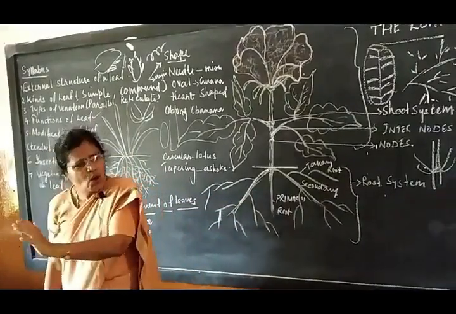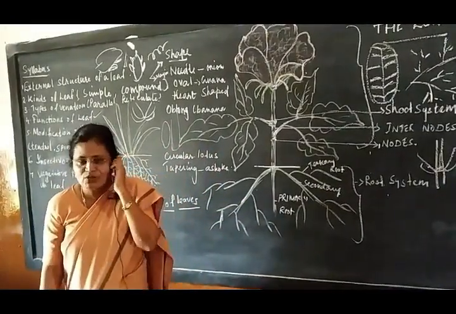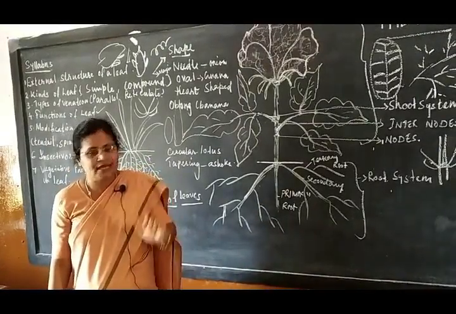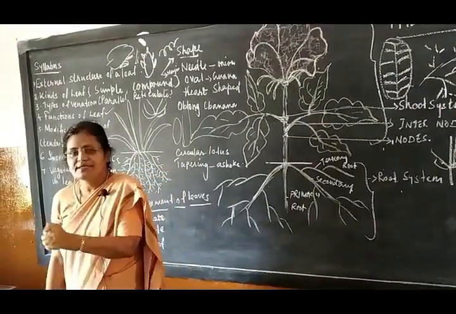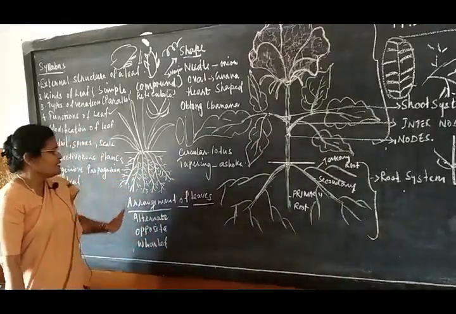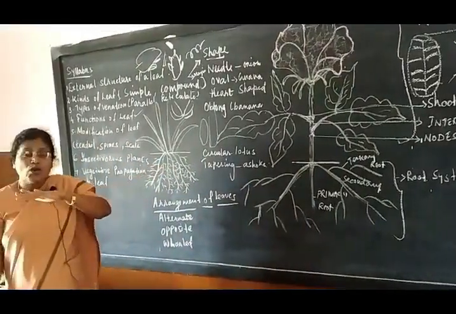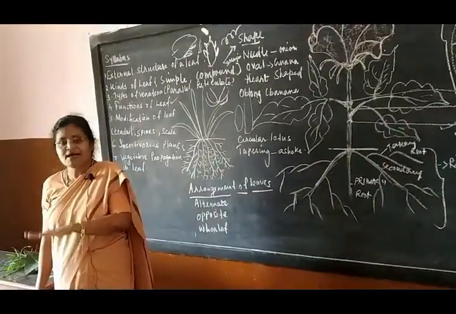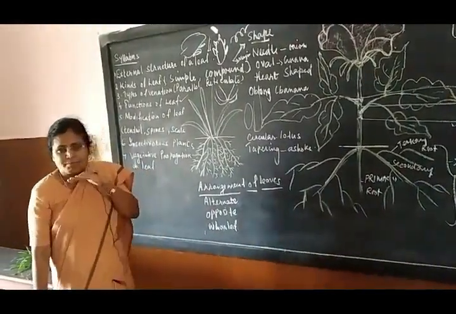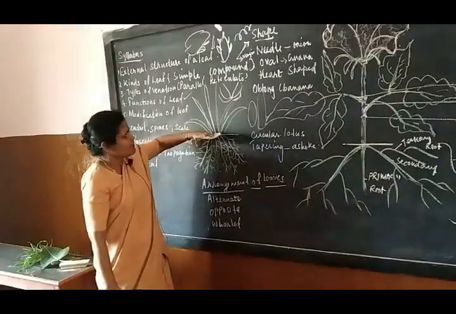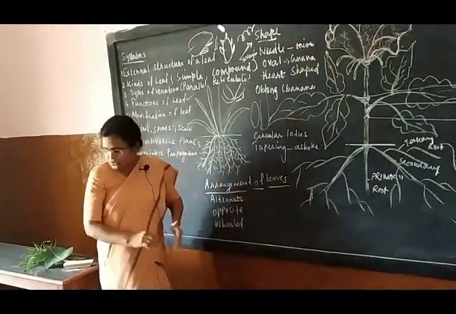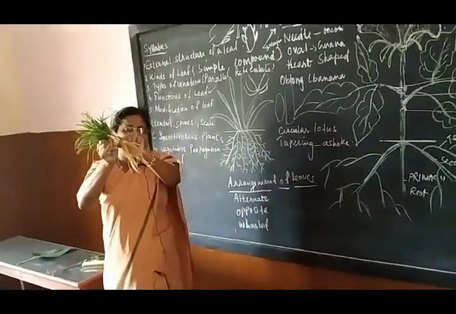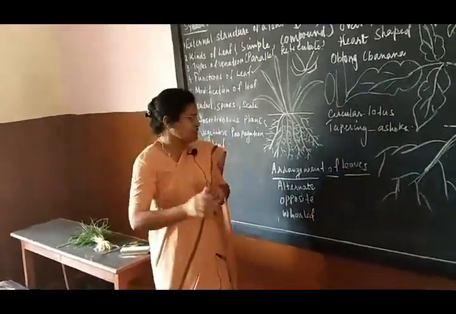Examples are all the dicot trees, like the roots of neem tree, pipal tree, banyan tree, tamarind tree and the rose plant, etc. Whereas the fibrous roots, all your coconut trees, palm trees, grass, banana, etc. they all have fibrous roots, where from the base of the stem a bunch of roots arises, as I had shown you in the beginning of the class. A bunch arising from the base is called your fibrous root.